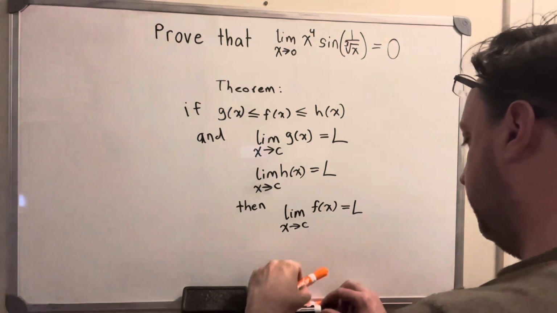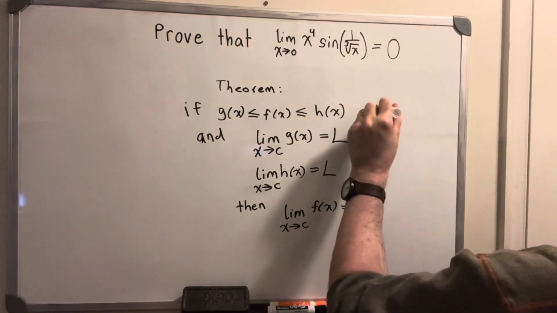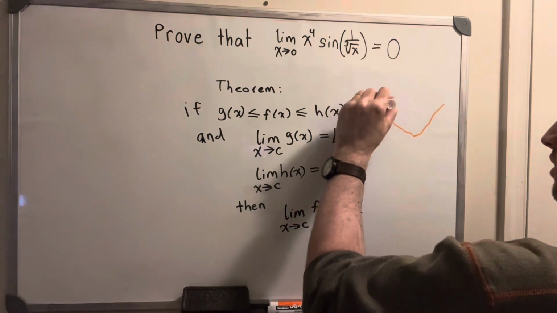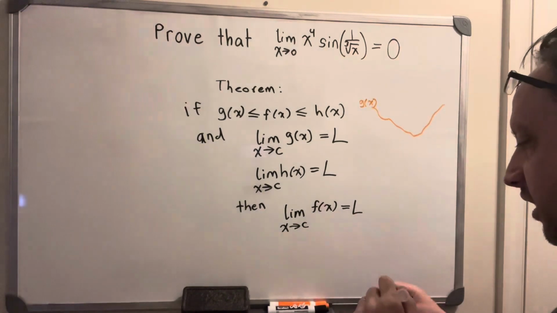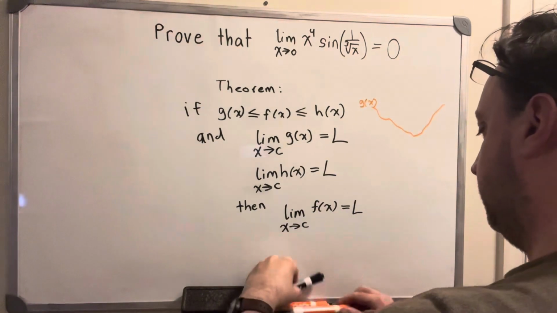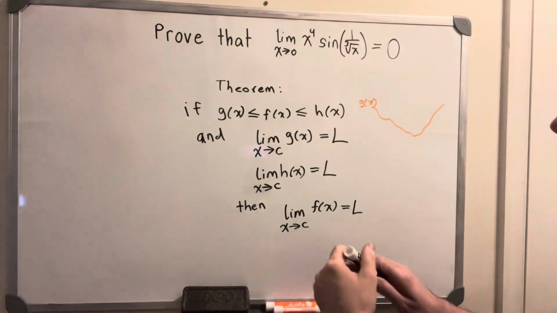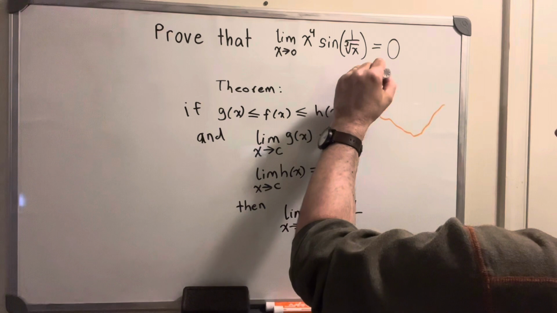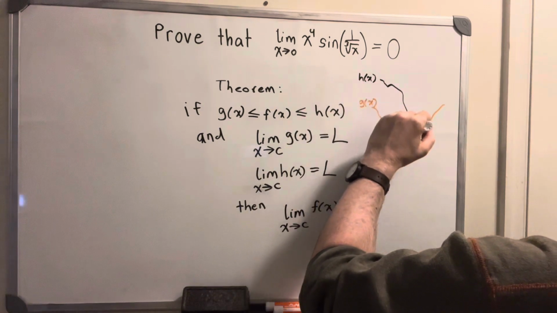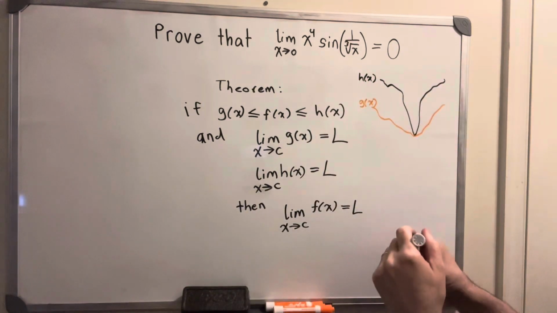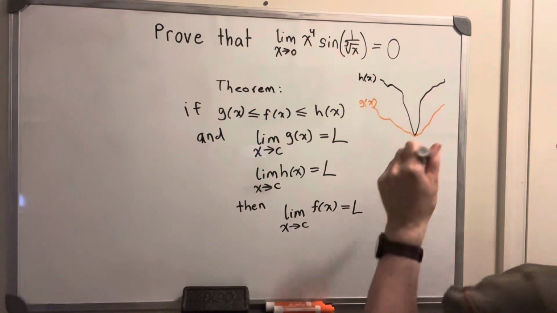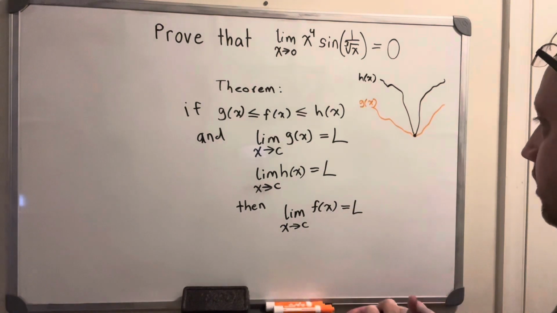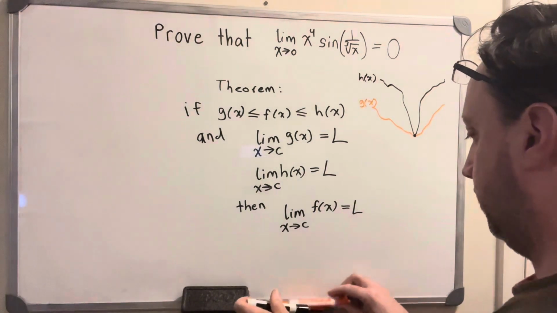Graphically, you can look at it like this. Let's say this is g of x. And let's say this is h of x. And they both approach that value as the limit.